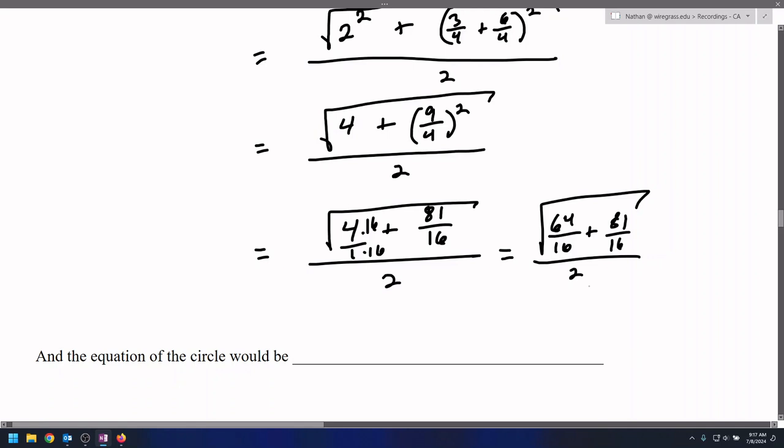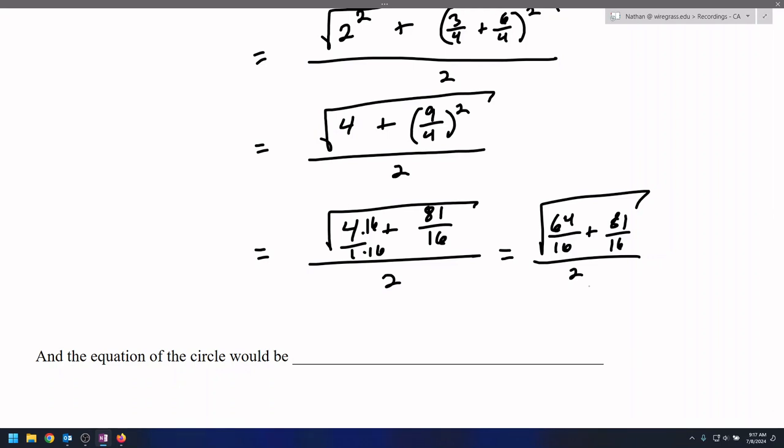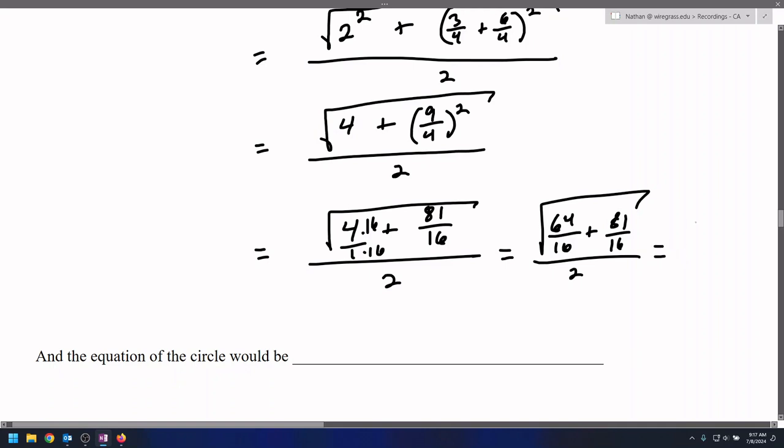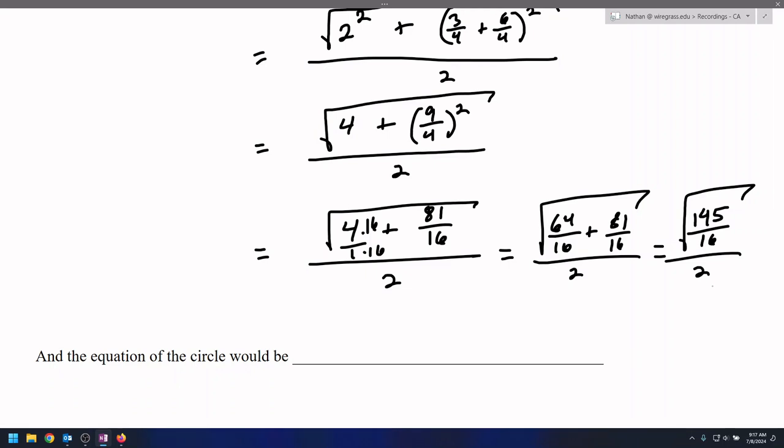And that's going to give me 145 over 16, the square root of that, over 2. Now, taking the square root of top and bottom, the square root of 145 can't reduce at all, so the square root of 145 is the numerator. The square root of 16 is 4 in the denominator.